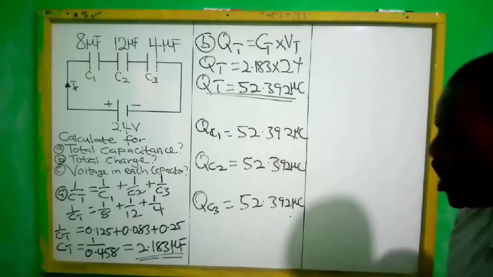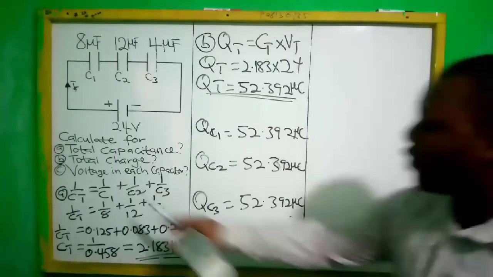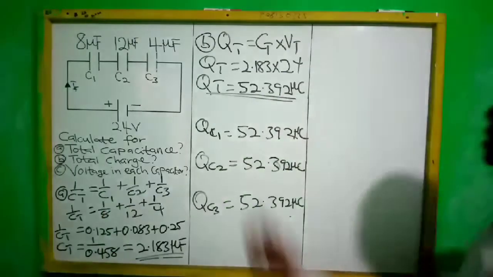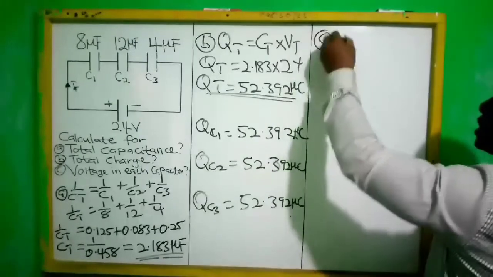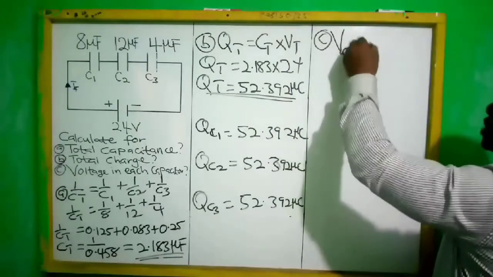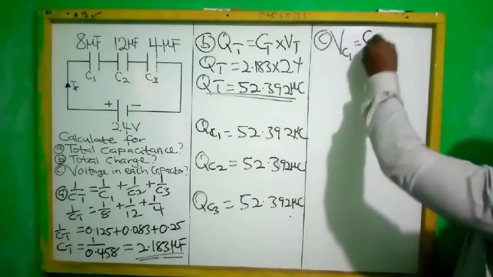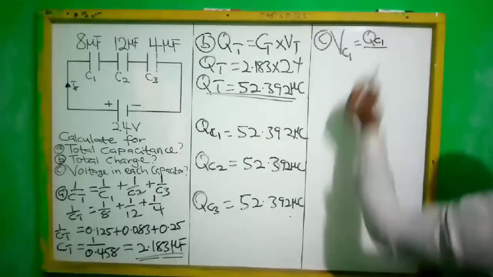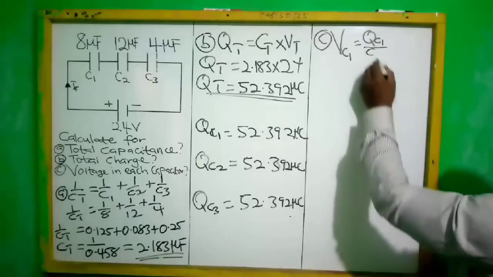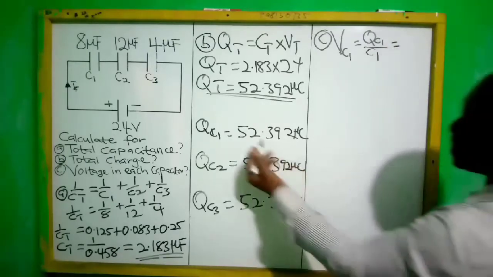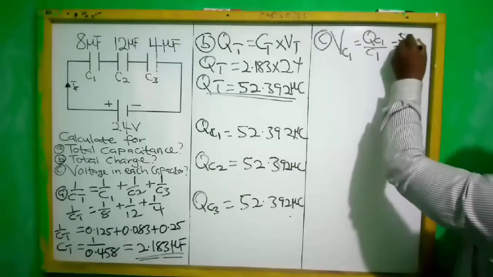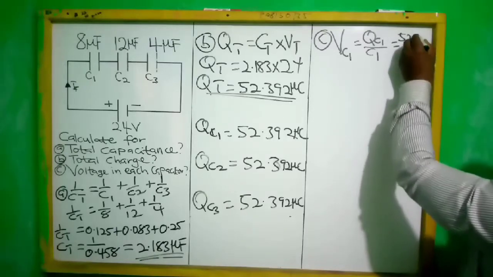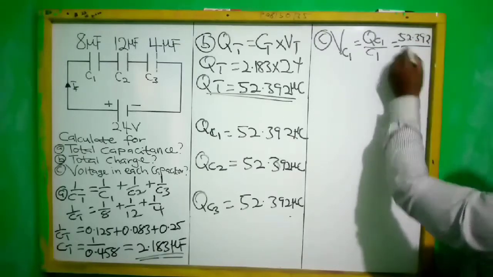So now that we have our charge, we can calculate the voltage in each capacitor. Voltage in C1 is the charge in C1 over C1, which is 52.392 over C1.